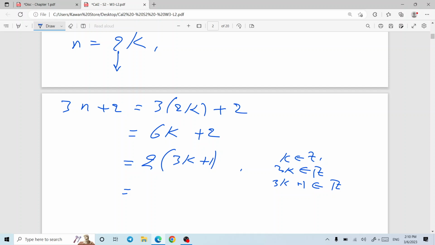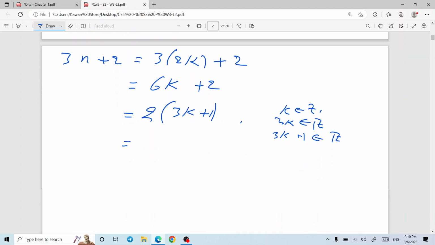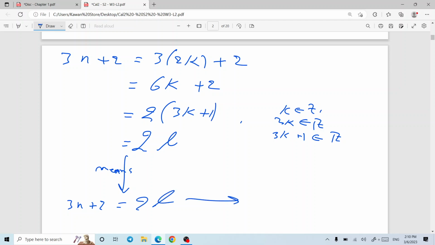If you multiply and add integers, you get an integer. So I can write this as 2l. So 3n plus 2 equals 2l, which means it is even.